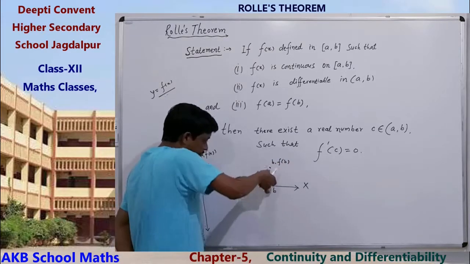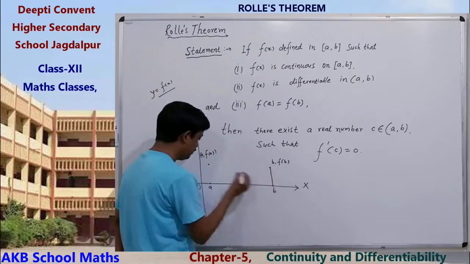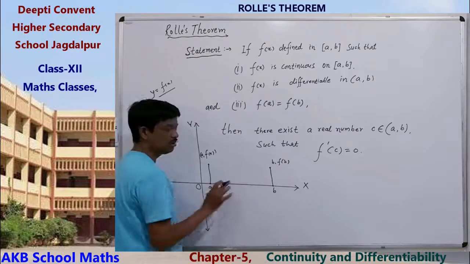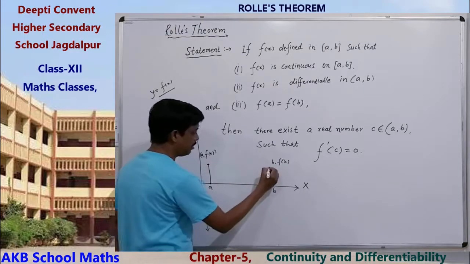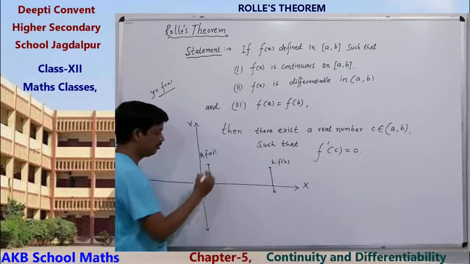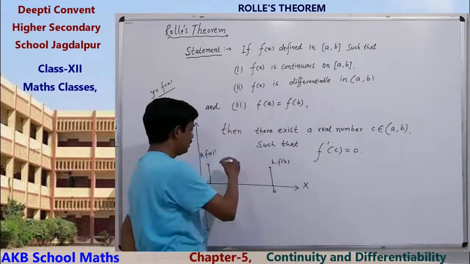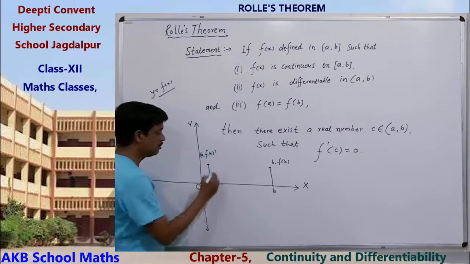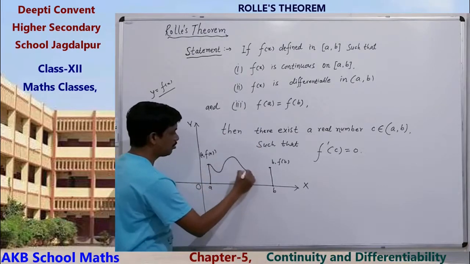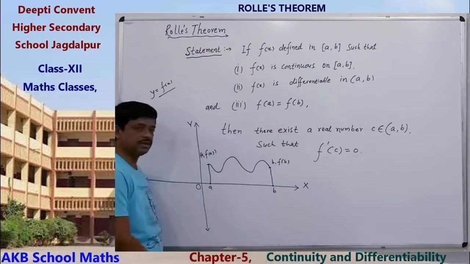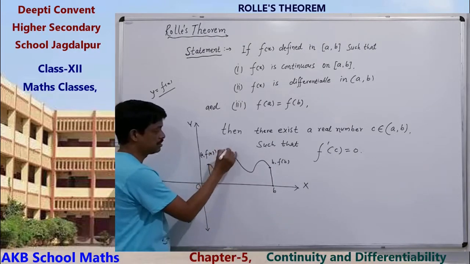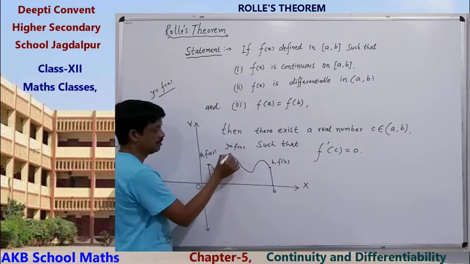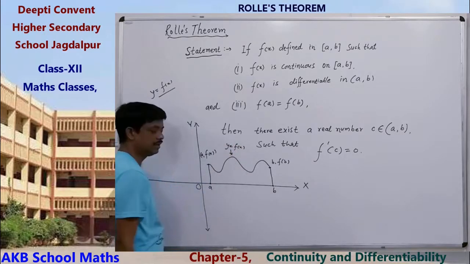These two values are at the same level, and the function may be any type of continuous curve from here to here. Suppose we draw a graph like this. This is the graph of y equals f(x).